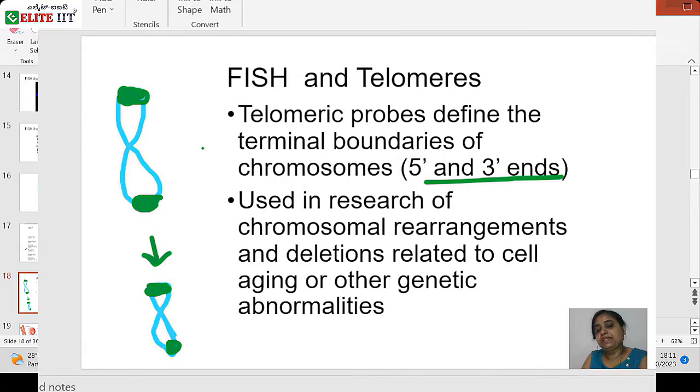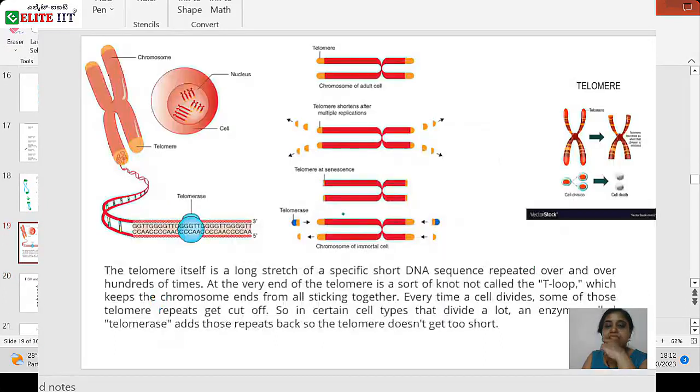The FISH method is used in research of chromosomal rearrangements and deletions related to cell aging or other genetic abnormalities. If you see any degradation in the telomeric region, you can identify how much aging is happening.